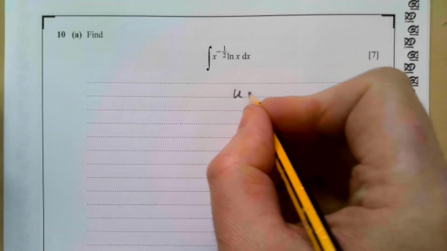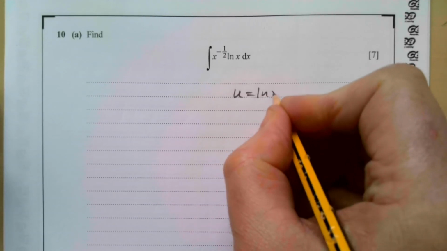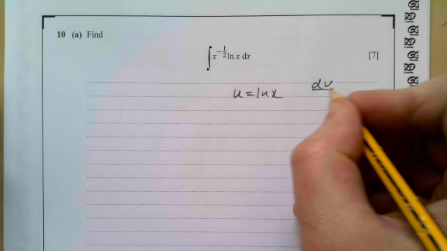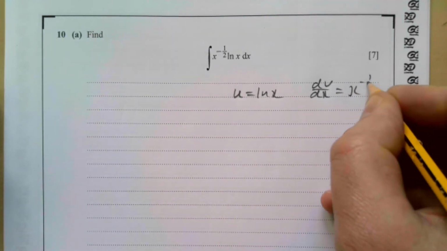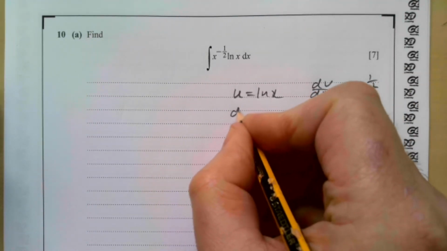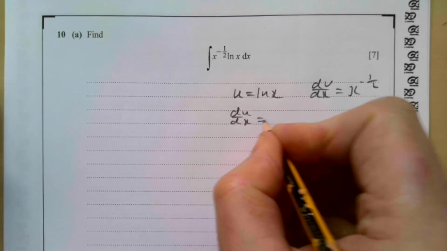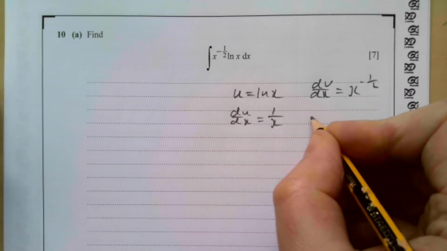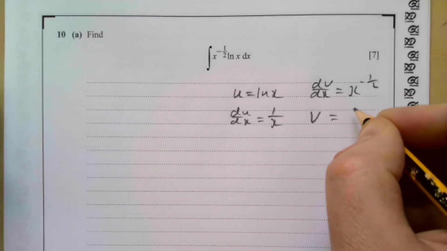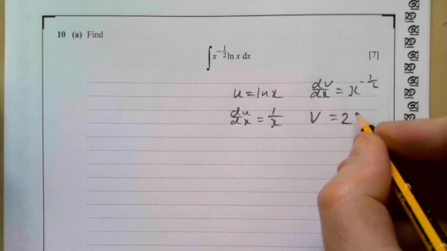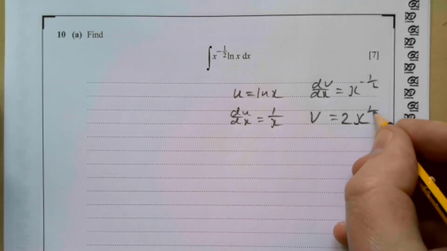So we're going to let u equal ln x, and then dv by dx is x to the minus a half. du by dx then is 1 over x, and for v, add 1 to the power, and then divide by the new power. Dividing by a half is the same as multiplying by 2, so it's 2x to the power of a half.